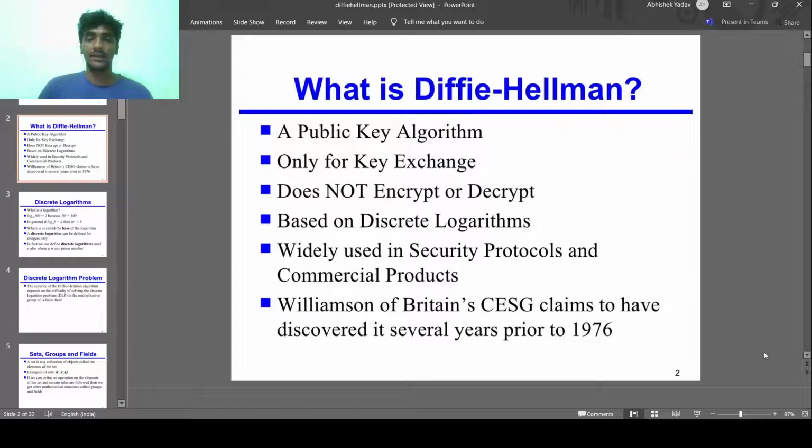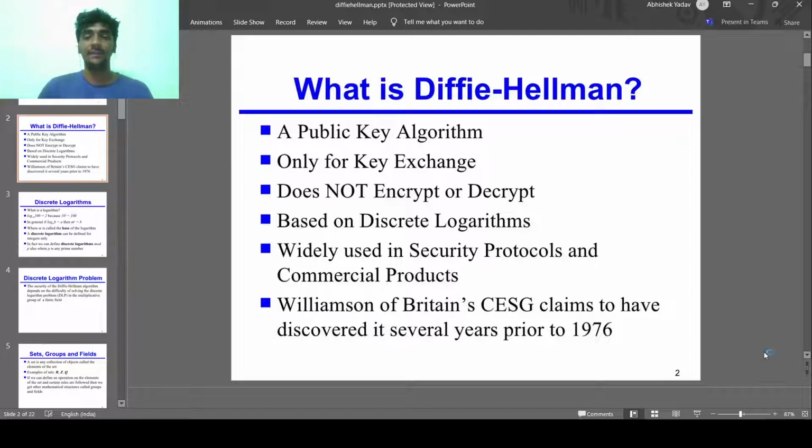So let's first start with the question: what is Diffie-Hellman? It is a public key algorithm, and it is only used for key exchange. What Diffie-Hellman does not do is encrypt or decrypt any data or any messages.